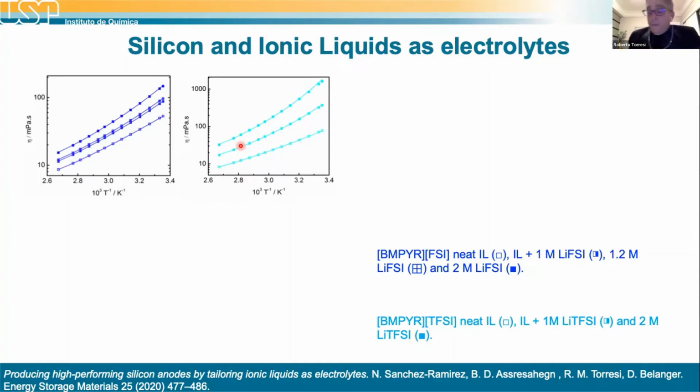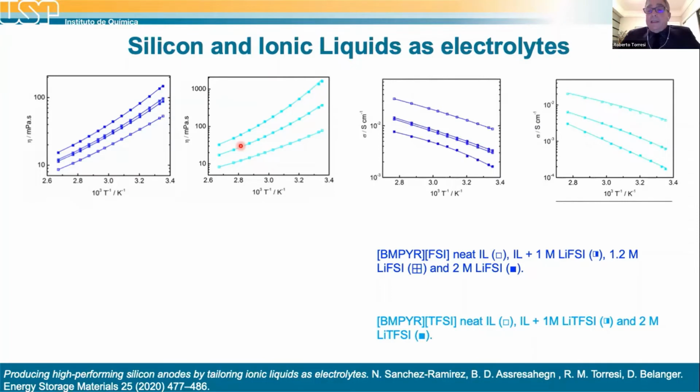This is completely different from normal organic electrolytes, where changing the concentration does not change the viscosity much. Another thing that is important is that the conductivity is better for the FSI ionic liquid than for the TFSI. And another important characteristic that is not good for an electrolyte is that when you add the salt, you theoretically increase the number of species that can transport charge, yet you get a decrease of the conductivity due to the increase of viscosity.